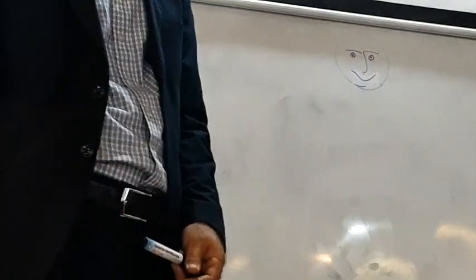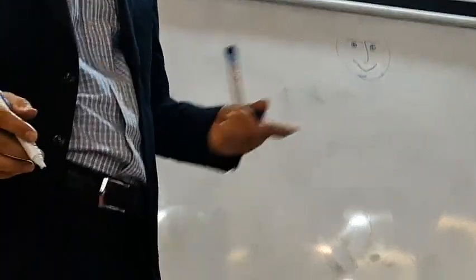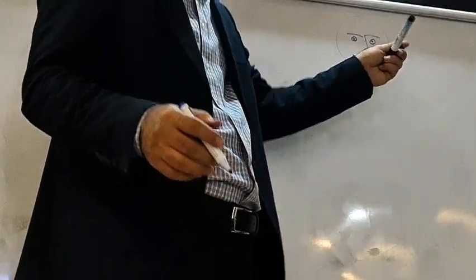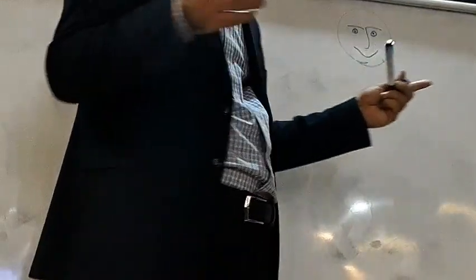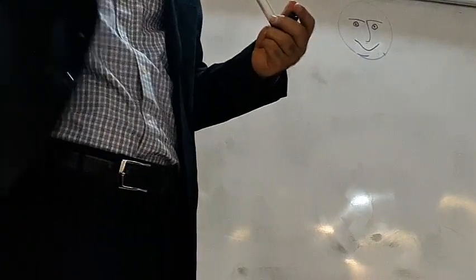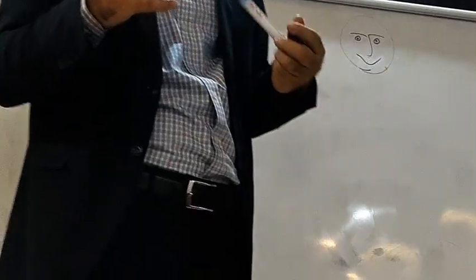Have a look. And this shows it was not changing. The brain used the information at one level and then told you that this is happy. At another level, the same eye was considered as being sad.